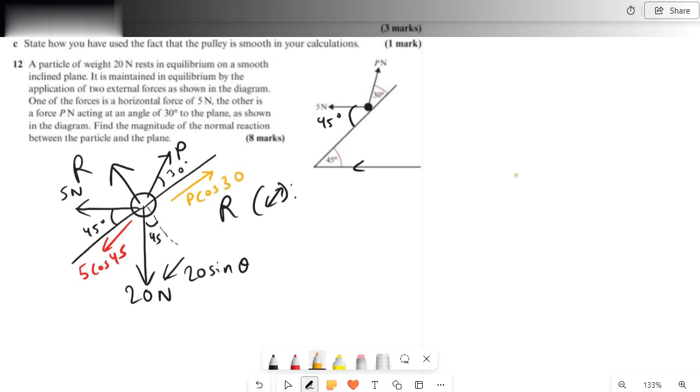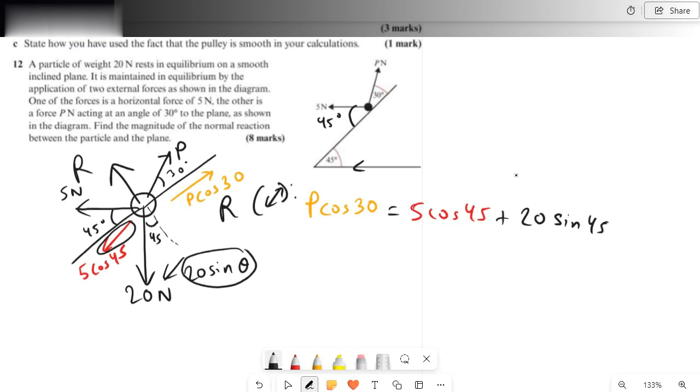So therefore we can say that P cos 30 is going to be equals to 5 cos 45 plus 20 sine 45, because these two forces, the 5 cos 45 and the 20 sine theta, which are the components of the forces, are equal to the component of P in this direction, which is P cos 30.